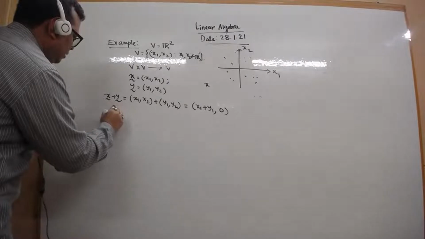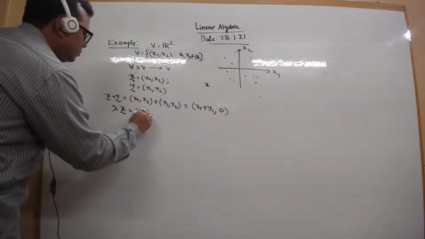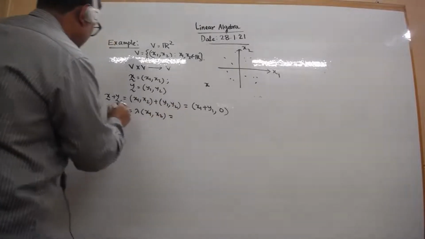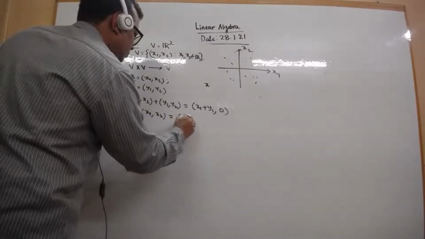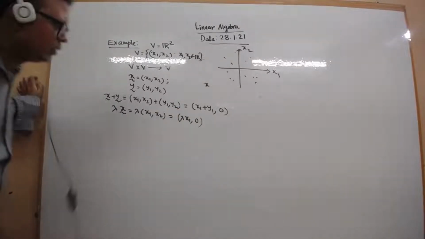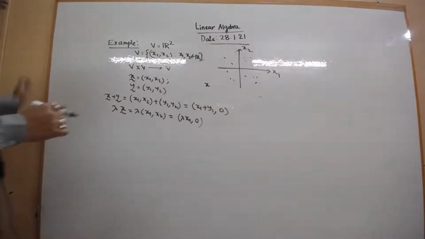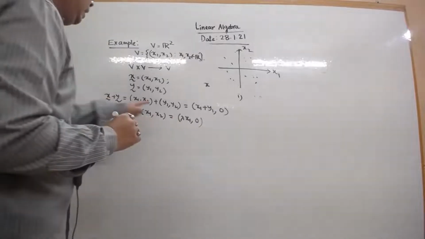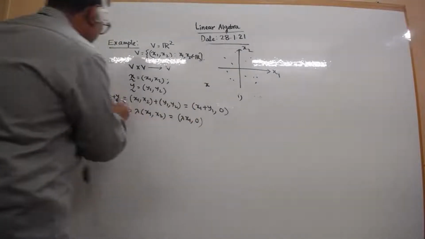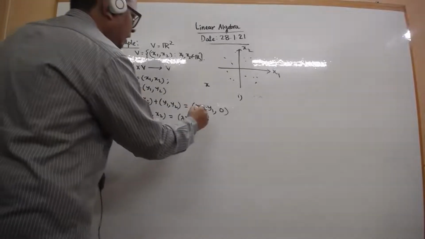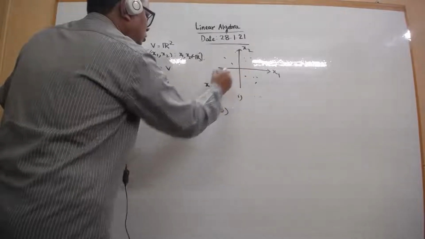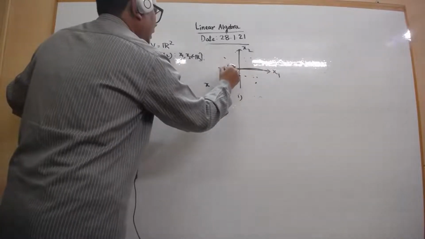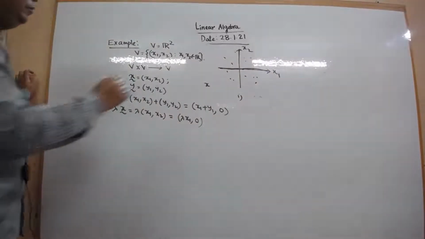and scalar multiplication as follows. Now first I see that the new element after addition, that is (x1 plus y1, 0), also belongs to V because this lies in the x-axis, any point in this x-axis.